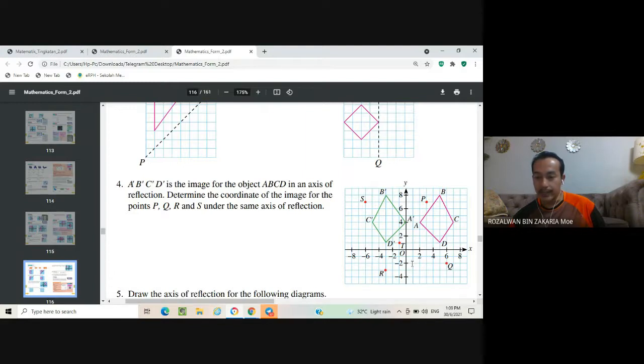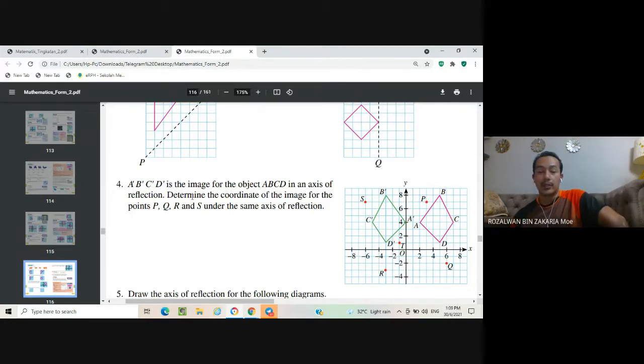So to find Q prime, it is the same distance, 5 units: 1, 2, 3, 4, 5. So this one is Q prime, and the coordinates for Q prime are -4, -2. So that's how to do question 4.